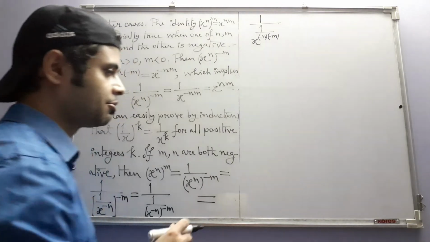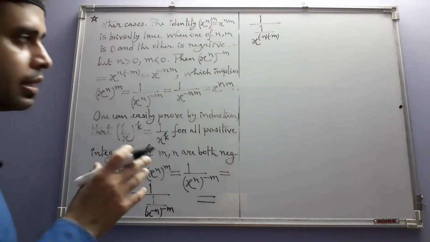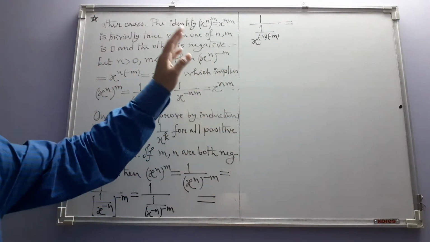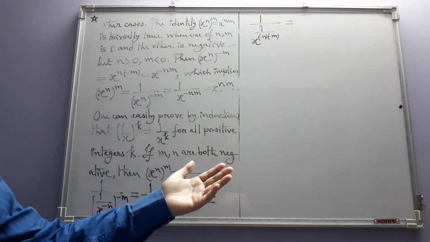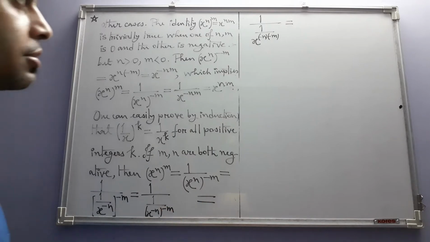And this is coming from our previous proposition part A itself, the second rule of exponent. Now from properties of rational numbers, the reciprocal of the reciprocal of a non-zero rational number is the number itself.